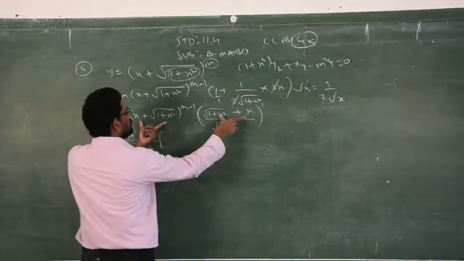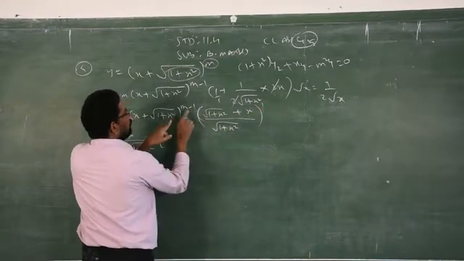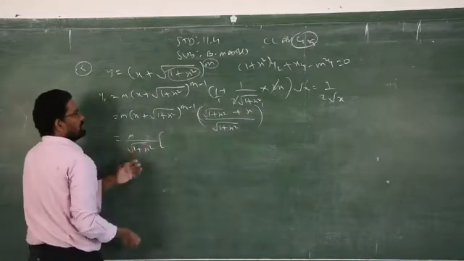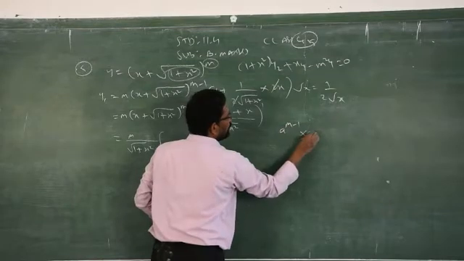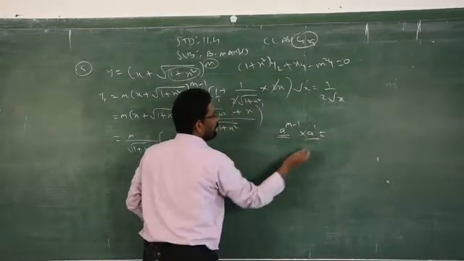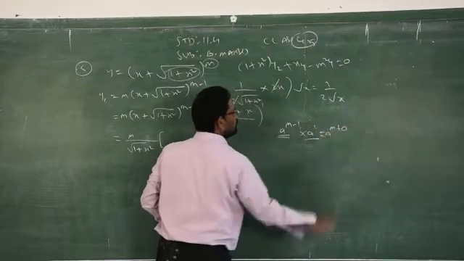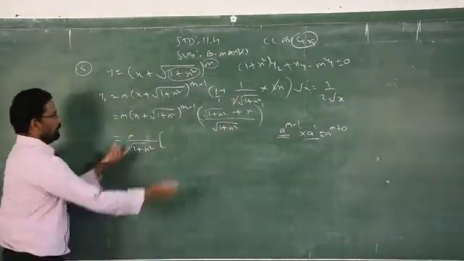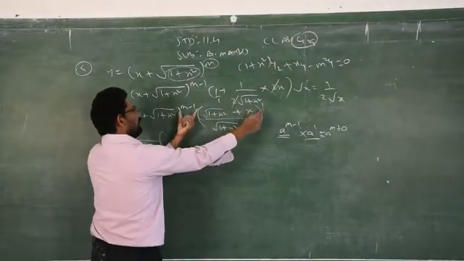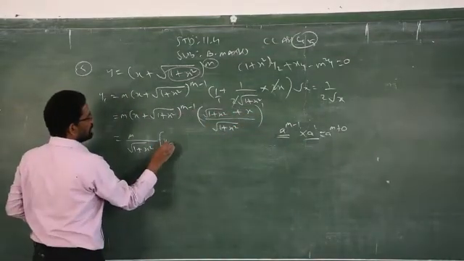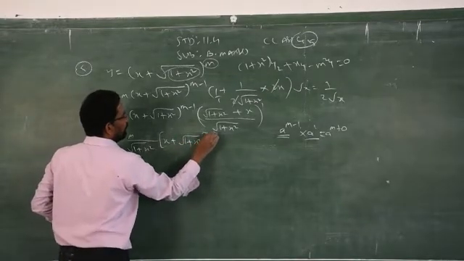So when the bases are same, you can add the power, minus 1, this plus 1. This minus 1 and plus 1 get cancelled when the bases are same. For example, a power minus 1 into a power 1. Bases are same. When you add the power, m minus 1 plus 1 will become m, that is x plus square root of 1 plus x square whole to the power m.